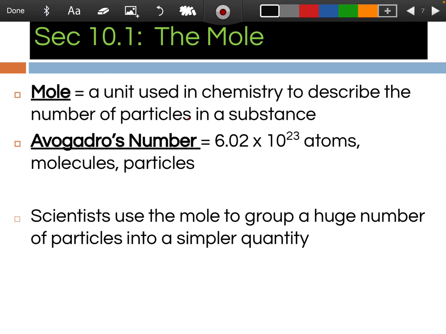Avogadro's number, so Avogadro is the scientist that is credited with this number. His number is 6.02 times 10 to the 23rd, which could be atoms, it could be particles, it could be molecules. Scientists use the mole to group this huge number of particles into a simpler quantity.